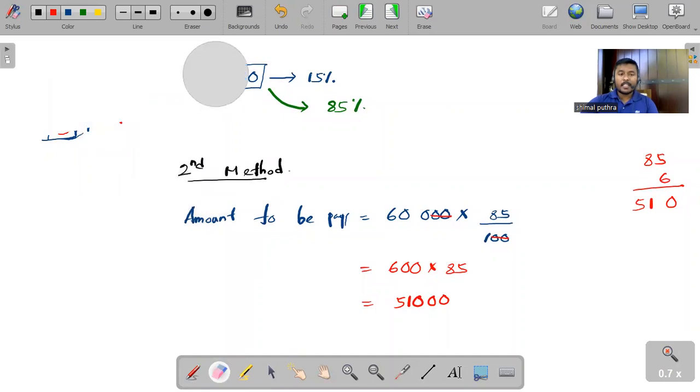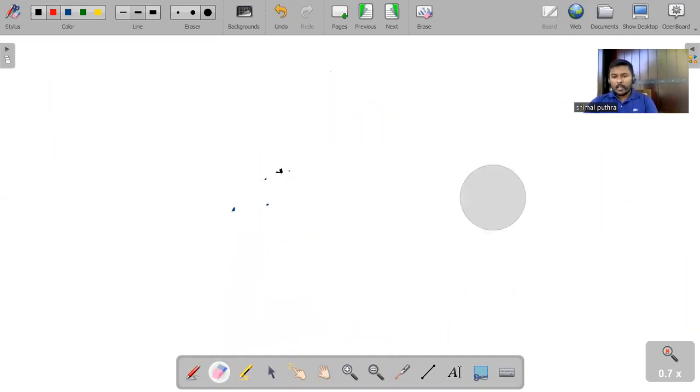Then there is another question for you. I need the answer with the second method. There is a person. He's going to sell something, whatever the goods. It's mentioned it is 50,000.